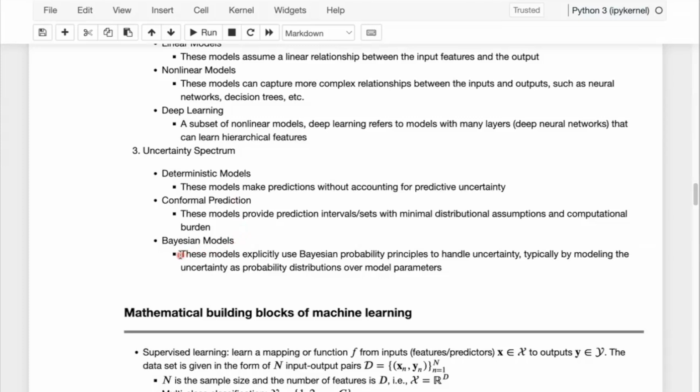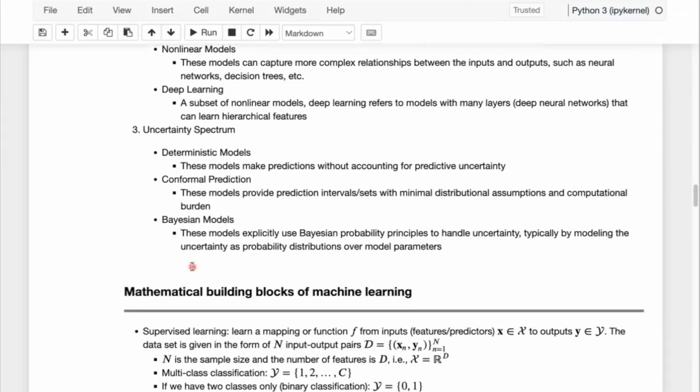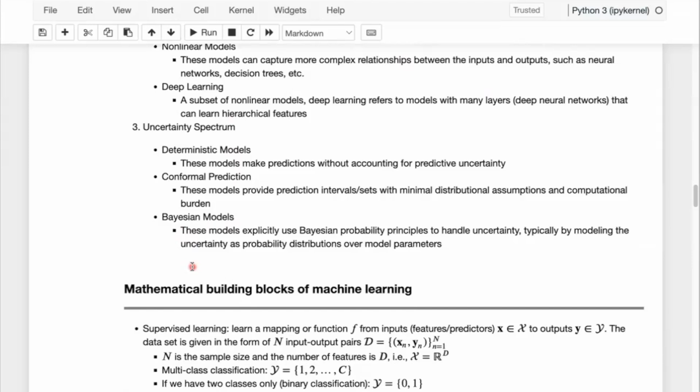But I also want to bring to your attention that there is another line of machine learning algorithms, which we call Bayesian models. The main difference here is that for Bayesian models, we use Bayesian principles to handle uncertainty. Meaning that we have to make assumptions about the prior distribution, then we find the likelihood of the data being generated with some parameters, and this allows us to find the posterior distribution.